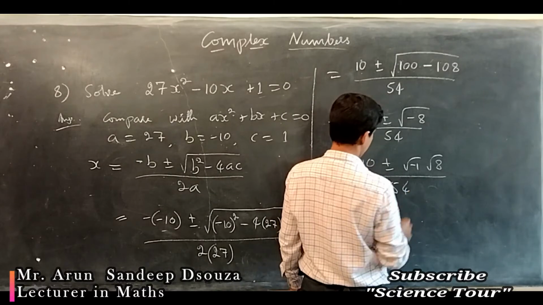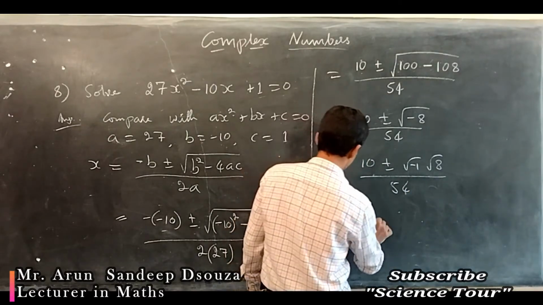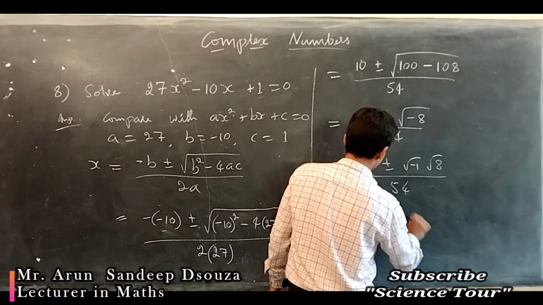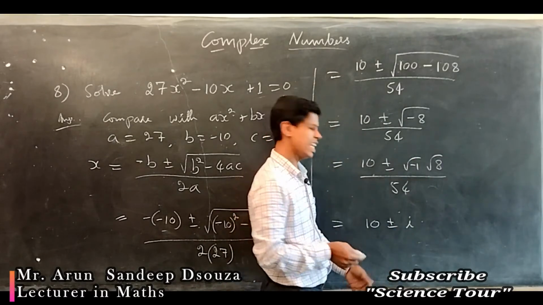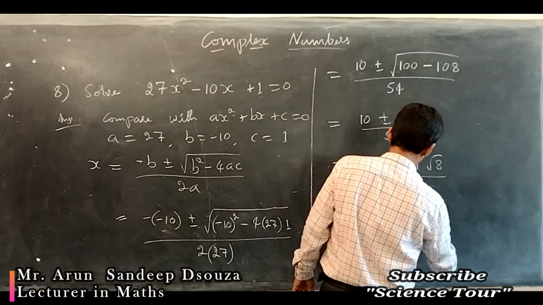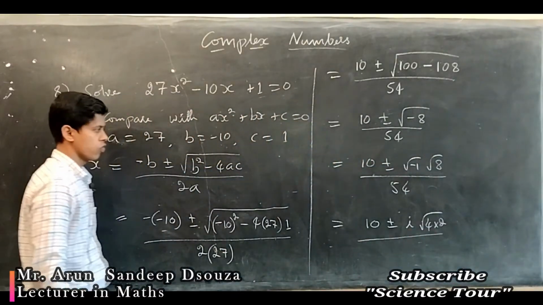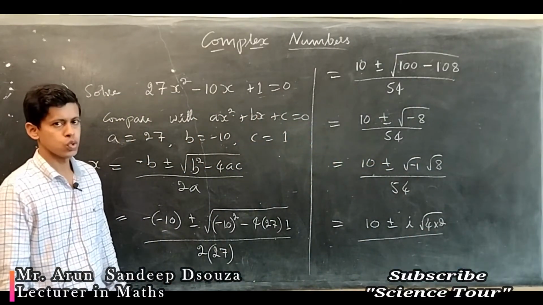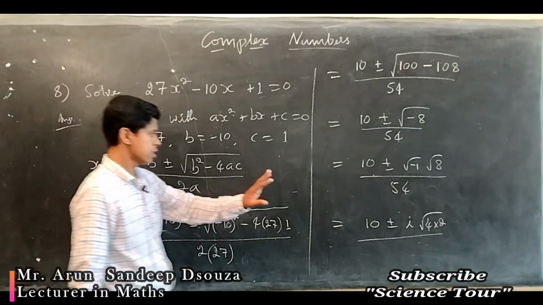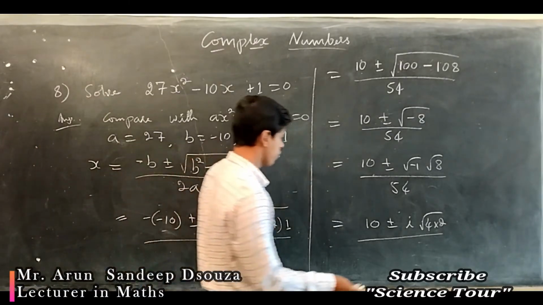So that is 54. Next, you can write this as i, and root 8 can be written as 4 into 2, is it not? You can write it as 4 into 2. Well, and that is 54.